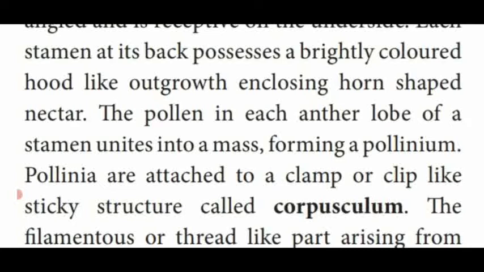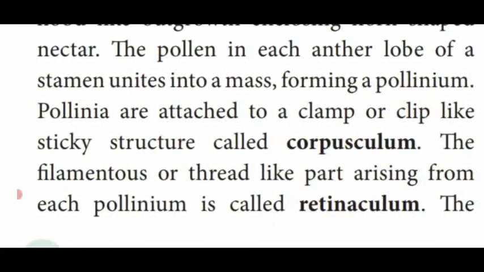The pollen grains which are present in each anther lobe of the stamens, united together to form a structure, are called pollinium. So the first one we have seen is gynostegium. What is gynostegium? All the 5 stamens united with the stigma is said to be gynostegium.